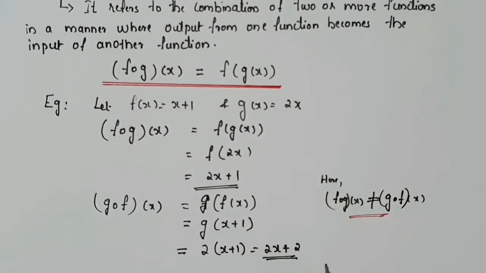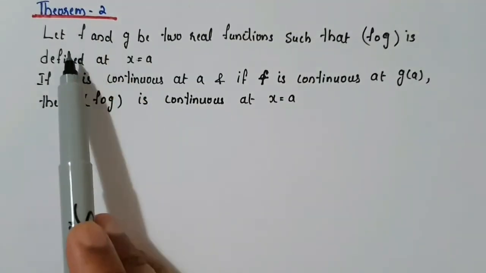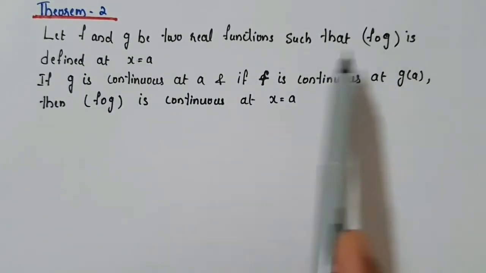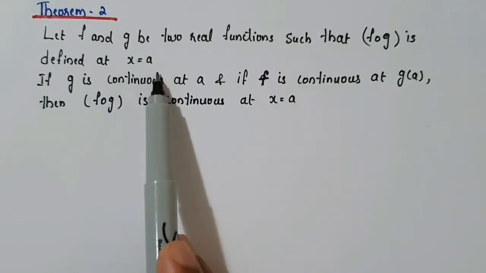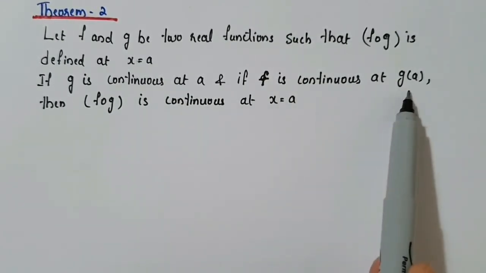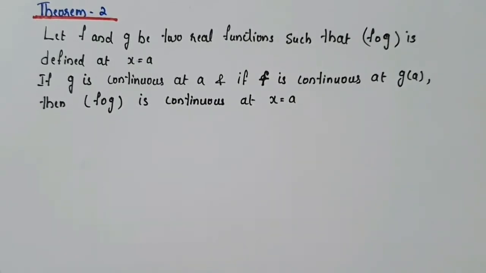Now, we are moving on to the second theorem, which shows the continuity of composition functions. Theorem 2. Let f and g be two real functions such that f composed with g is defined at x equal to a. If g is continuous at a and f is continuous at g of a, then f composed with g is continuous at x equal to a.